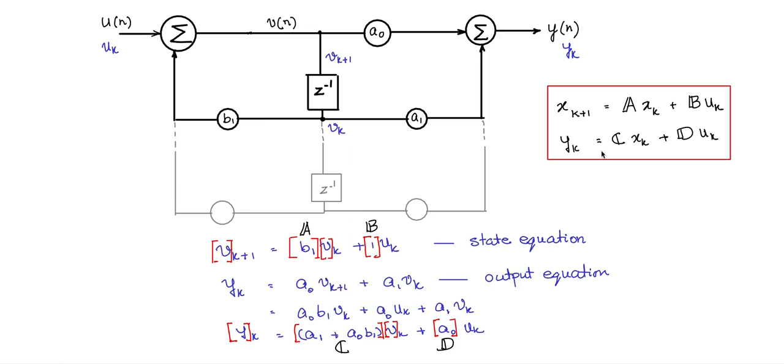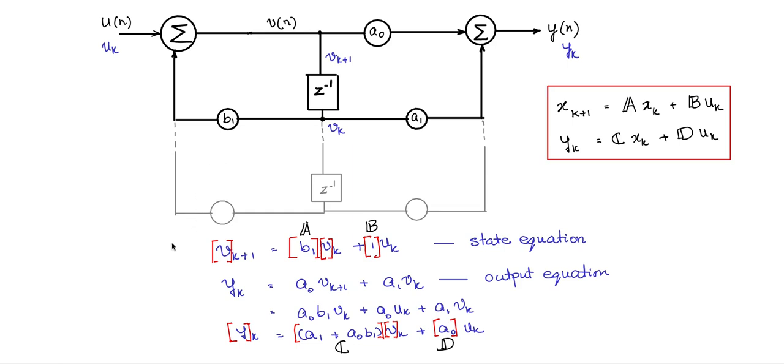In the discrete domain, this is the state equation, or the next state equation, that you may call the model of this particular system. So these two equations together will form the model of this filter.